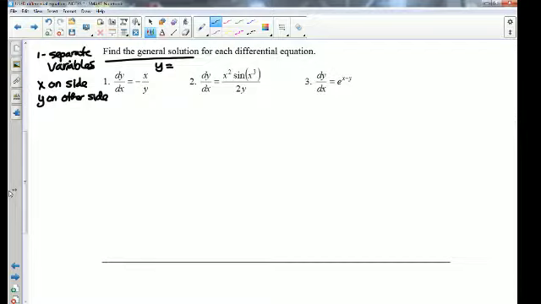Okay, so if I look at this differential, can you think of a way to move one of those to the left? Multiply by y. Yeah, exactly. So times y. So we get y dy dx equals negative x, right?